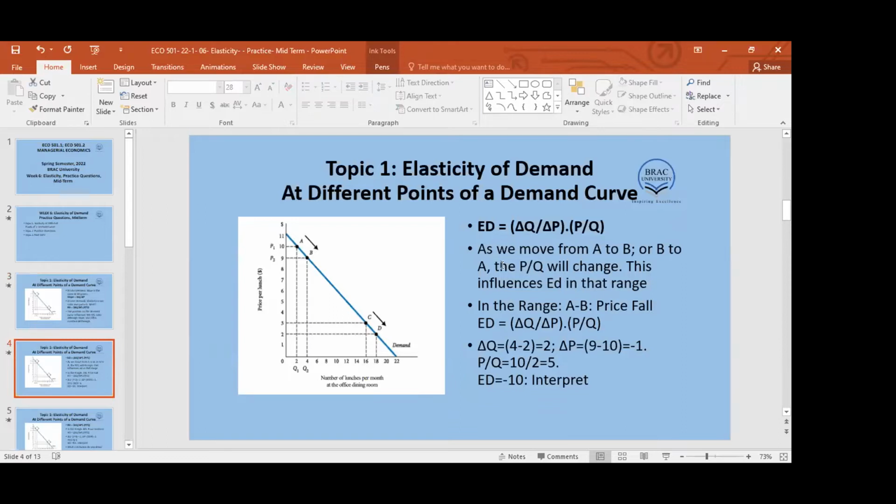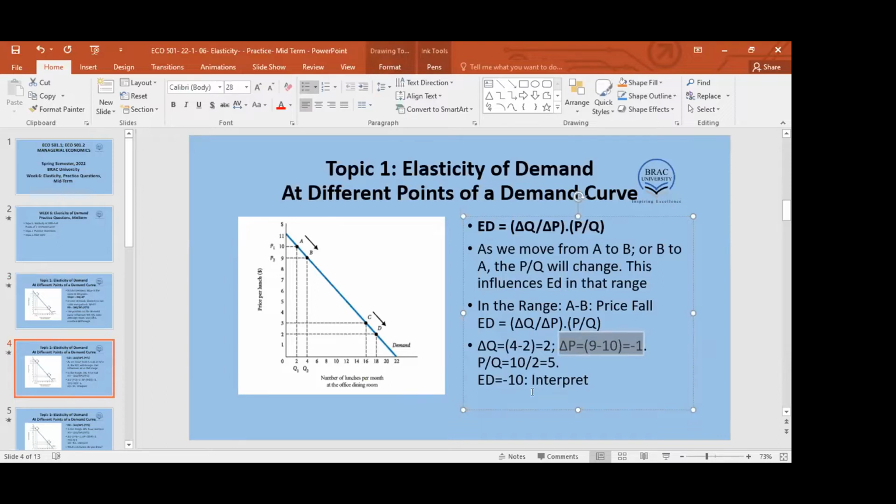Okay, now we are going to move from A to B. As we move from A to B, what are we observing? Price is decreasing, isn't it? Yes, sir. And quantity is increasing, right? Yes, sir. So as we move from A to B, since price is decreasing, that means del P will be minus, won't it? Isn't the change in price minus?